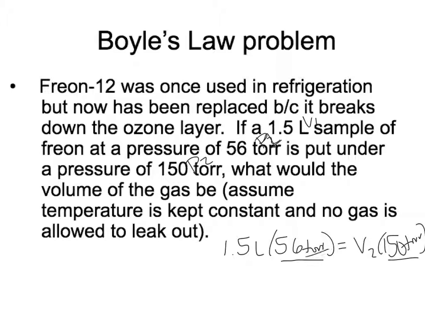So if this is torr, this has to be torr. If this were millimeters of mercury, this would have to be millimeters of mercury. Now those two are the same, so that's pretty easy. But if this was atmospheres, you'd have to change that to atmospheres. They have to equal. And when I go to solve this, which is basically going to be 1.5 times 56 divided by 150, it will be in liters because this was in liters.